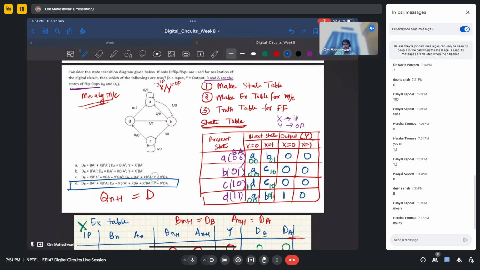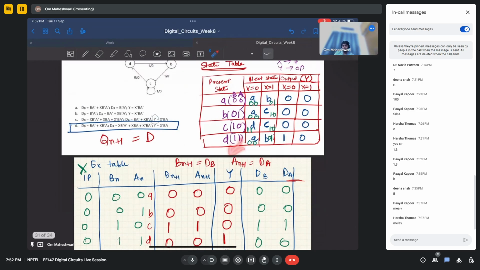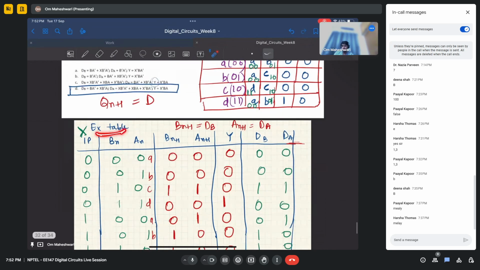So it is very similar to when we do flip-flop conversion. Our objective is to convert the state table with some flip-flop circuit. So we first made the state table with the help of this state diagram. Then with this table, we made this excitation table.